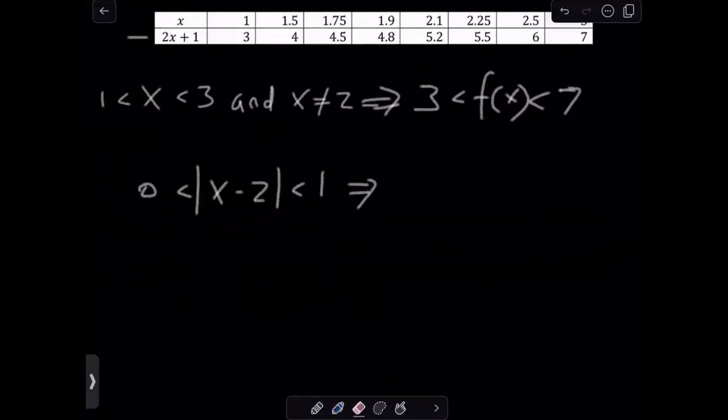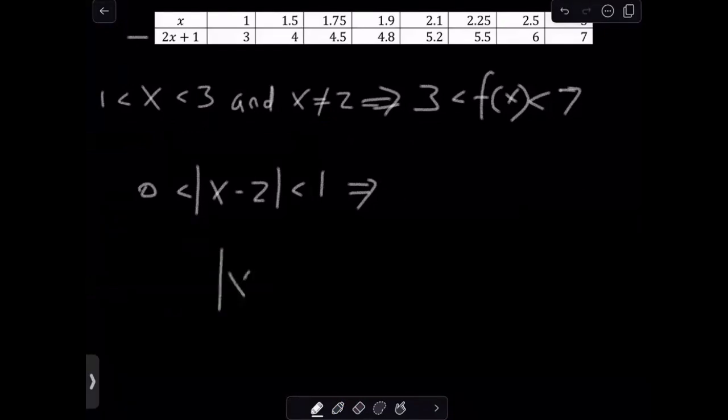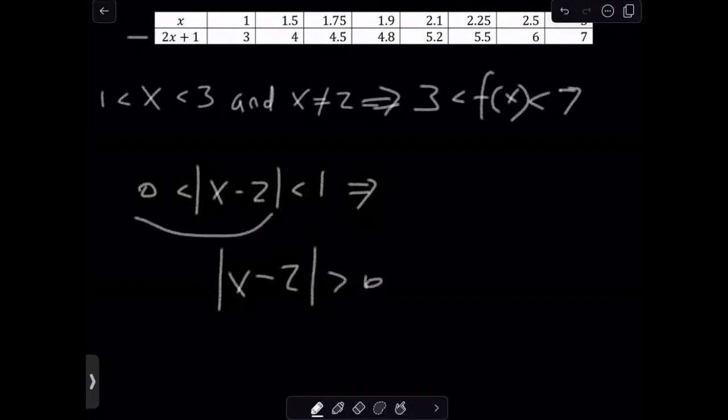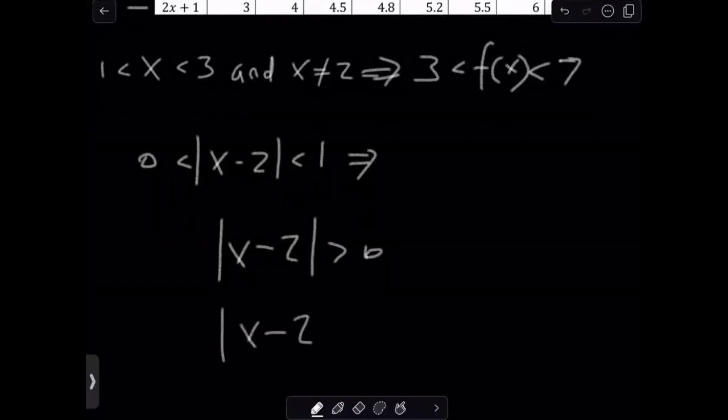If you look at this, it's actually two inequalities. We have the absolute value of x minus 2 is greater than 0, and we also have the absolute value of x minus 2 is less than 1. If you put them both together, you get that on top.